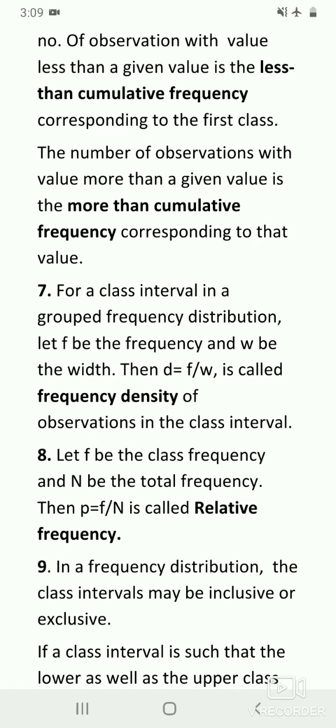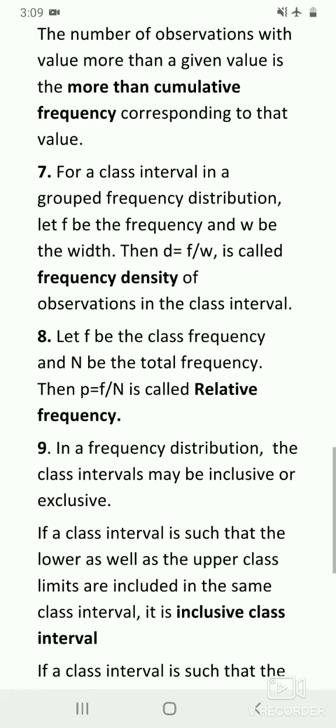In a grouped frequency distribution, let small f be the frequency and w denote the width. Then the formula for frequency density is d equal to f divided by w. That is, the ratio of frequency to the width is known as frequency density of observations in the class interval.